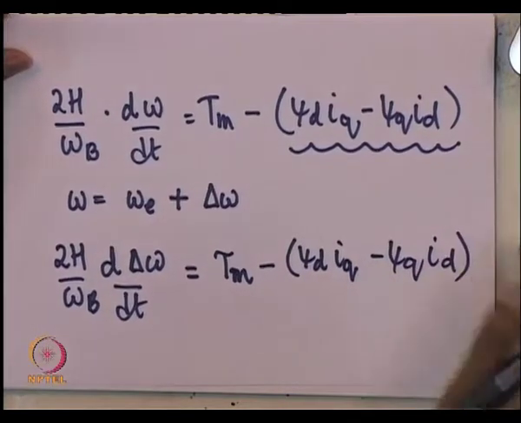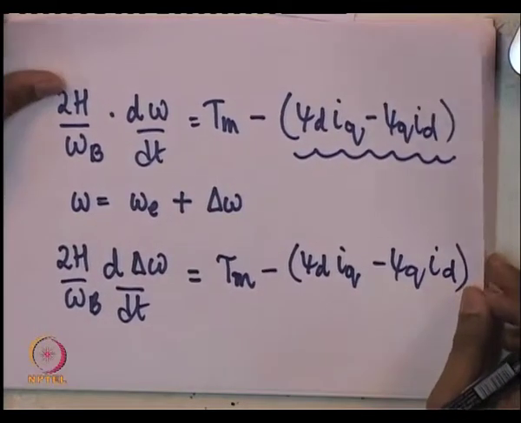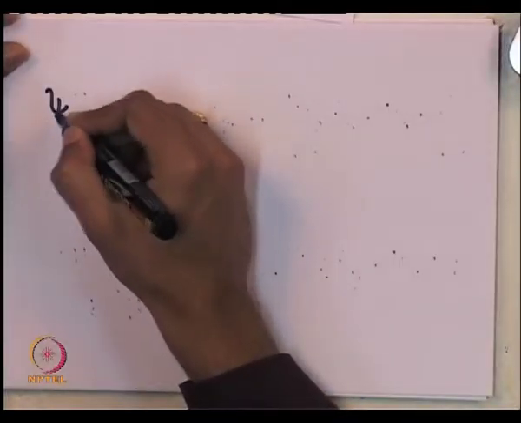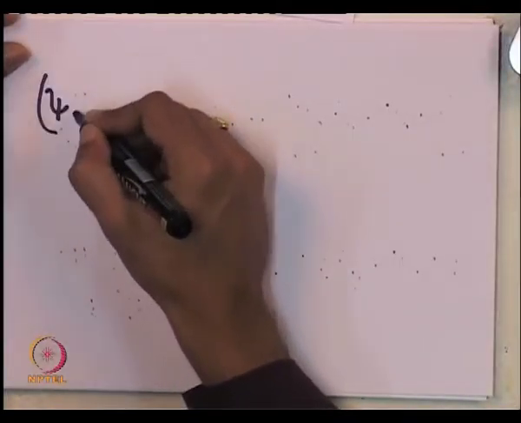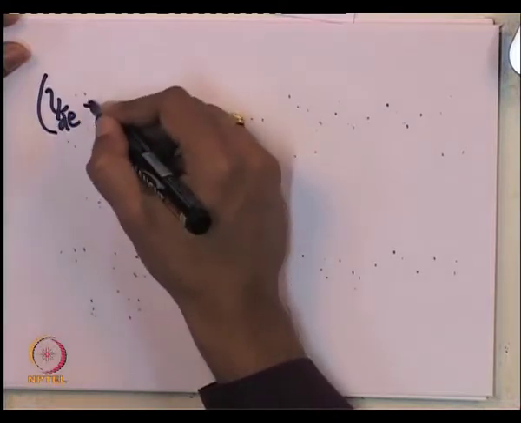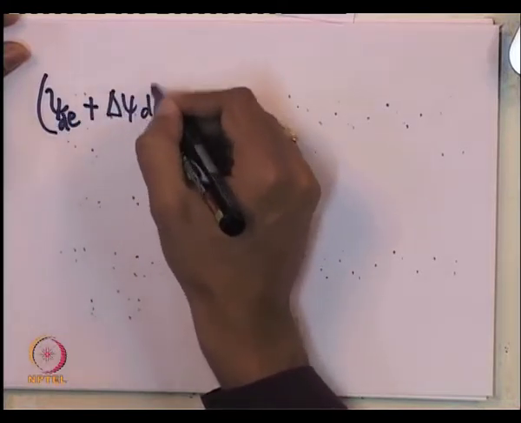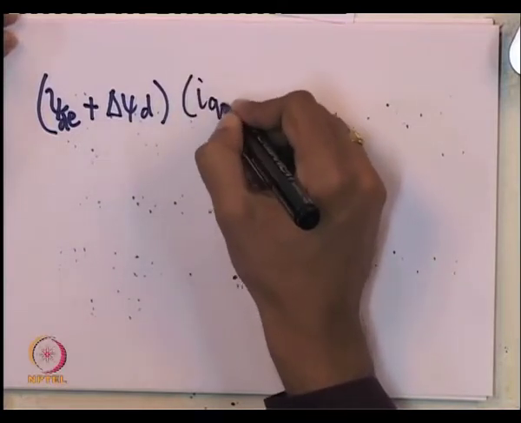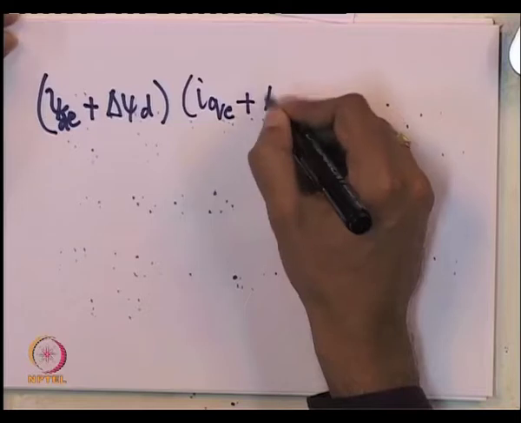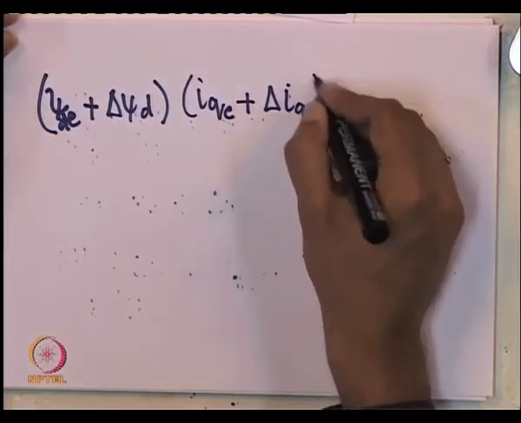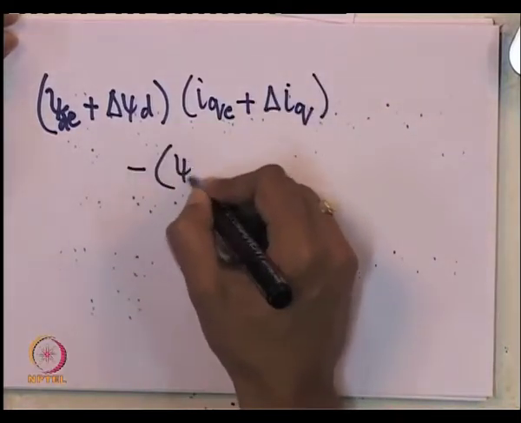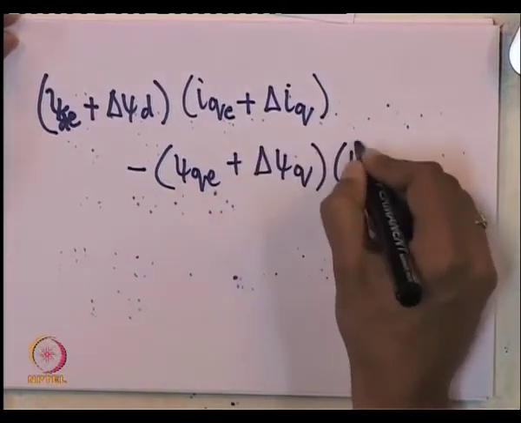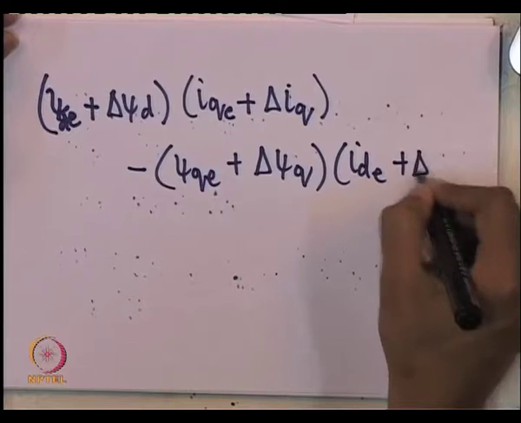Now, psi d I q minus psi q I d in fact can be written down as, psi d e plus delta psi d, into I q e plus delta I q, minus psi q e plus delta psi q into I d e plus delta I d.